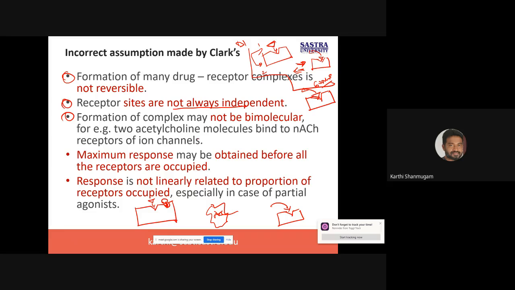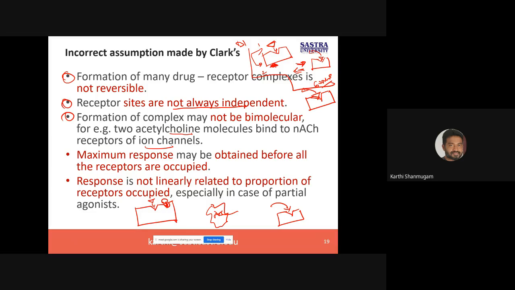But the formation of complex may not be bimolecular. There are certain protein molecules in which two molecules of the drug should go and bind for activating the receptor. For the same protein molecule, two molecules should bind in two different binding sites. For example, acetylcholine is a neurotransmitter which binds to an ion channel.